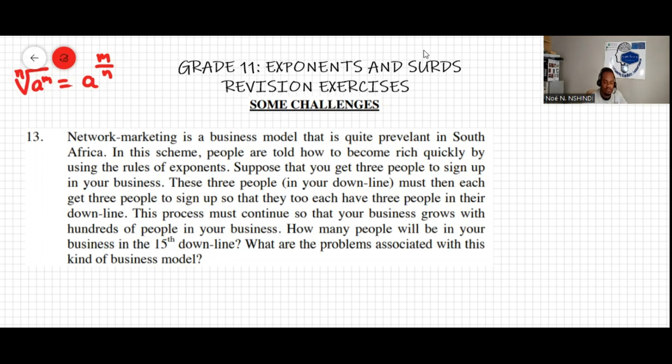These 3 people in your downline must then each get 3 people to sign up, so that they too each have 3 people in the downline. This process must continue so that your business grows with hundreds of people. How many people will be in your business in the 15th downline? What are the problems associated with this kind of business model?